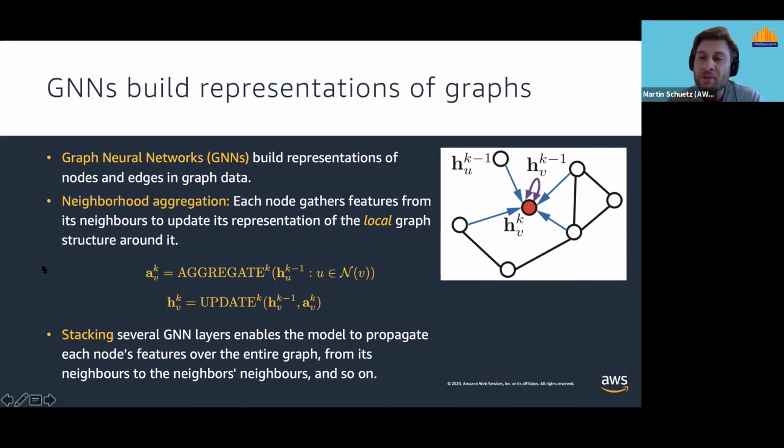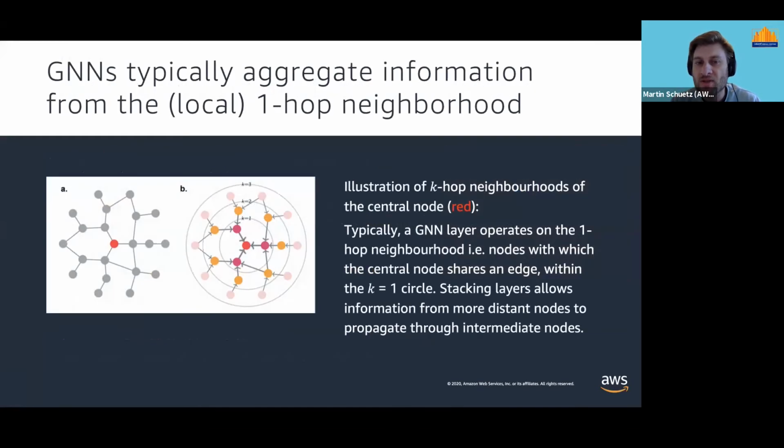All of that happens on a local scale, but once you repeat this step by stacking several graph neural network layers, you enable the model to open up the receptive field and have information propagate across the entire graph. Just to illustrate that once more, consider this red node here in this graph.